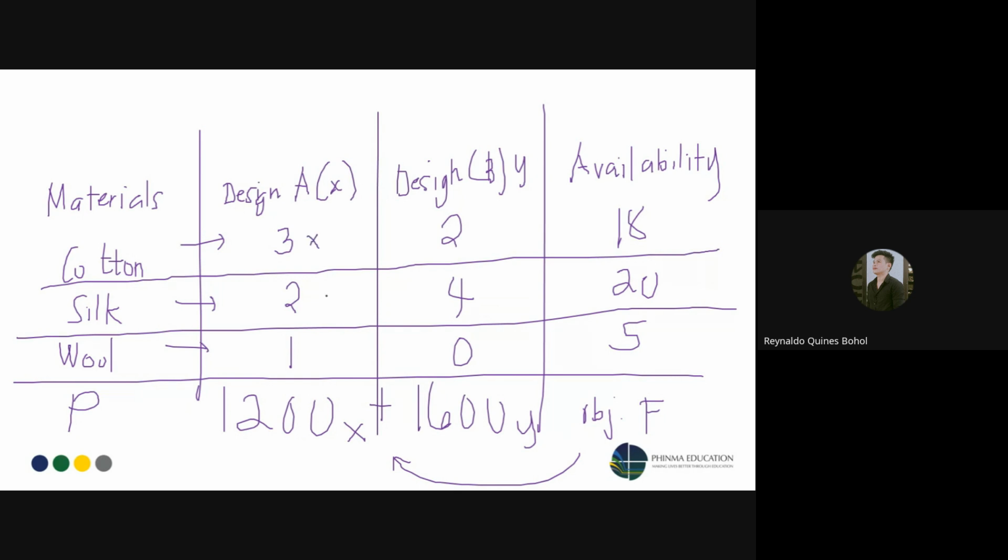Dagdag mo lang x, x, x, y, y, y. Since maximization, less than or equal to yan lahat. Di ba sabi ko sa inyo kapag maximize, less than or equal to ang gagamitin.